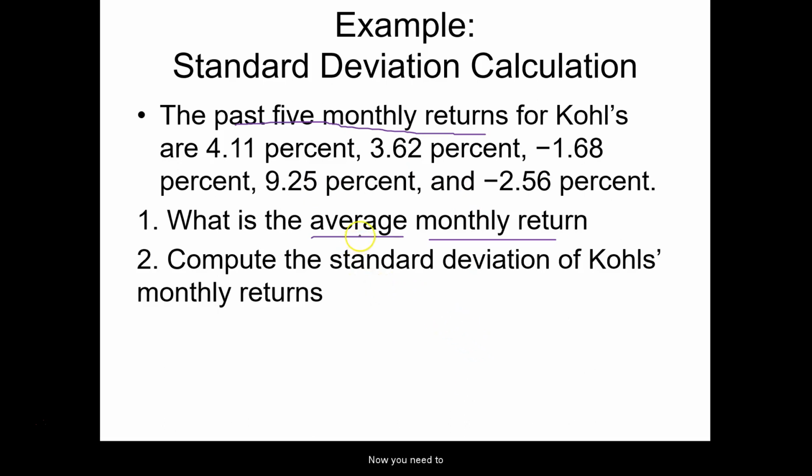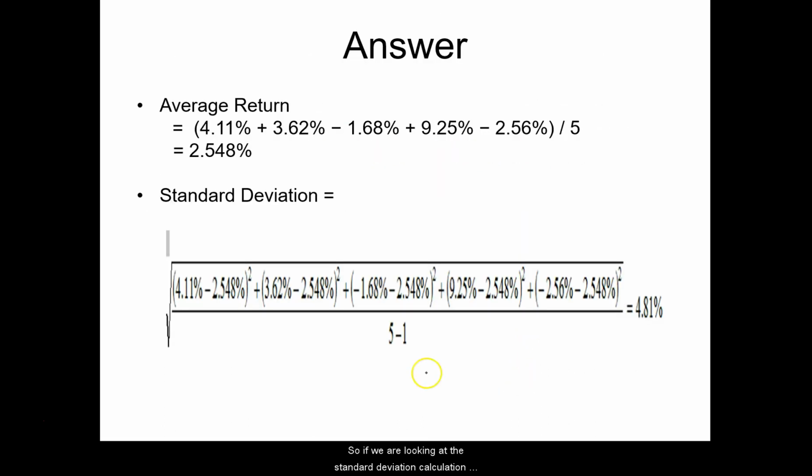Now, you need to use the result of your average return to calculate the standard deviation, because remember, standard deviation is really about how every month the actual return deviates from the average. So if we are looking at the standard deviation calculation, you see that every month, for example, the first month will be 4.11%.